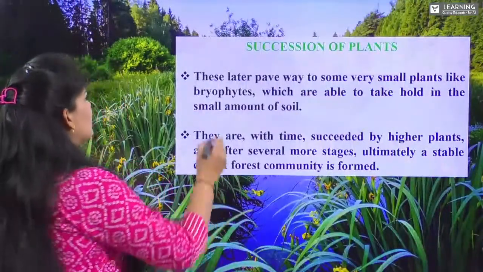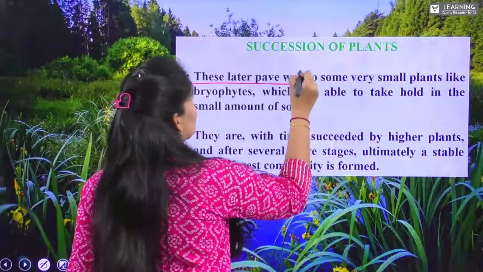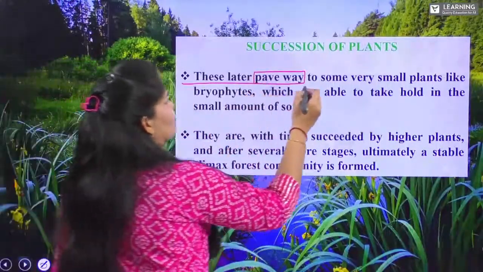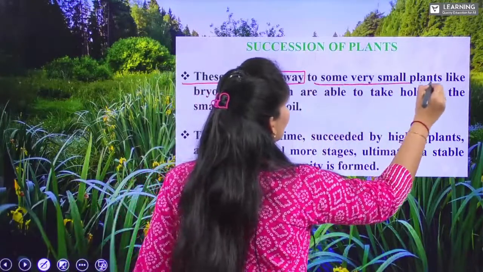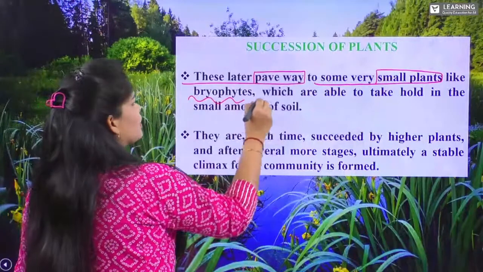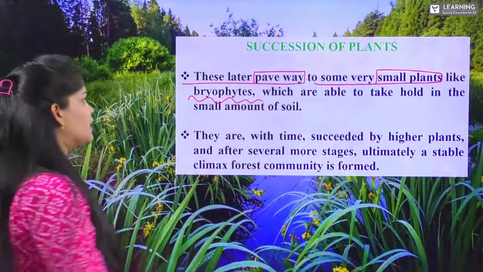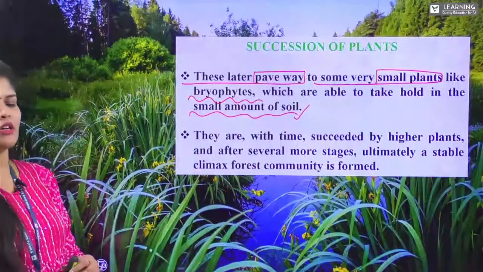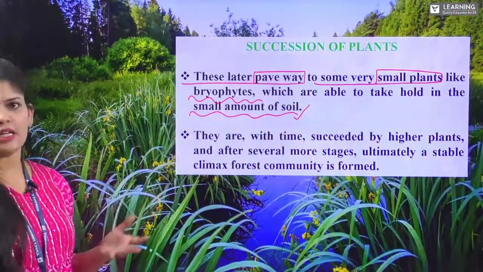Then this later paves the way to some very small plants, nothing but bryophytes, which are able to take hold in a small amount of soil. Even when less soil is available, these bryophytes can grow.